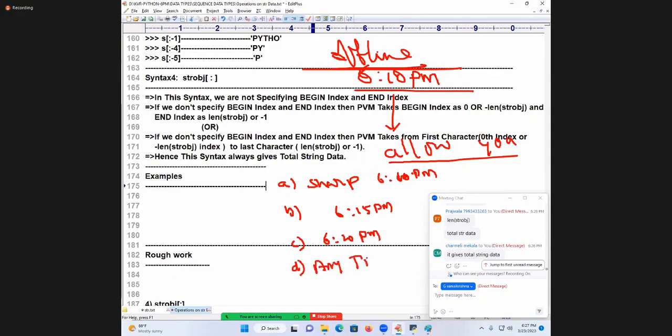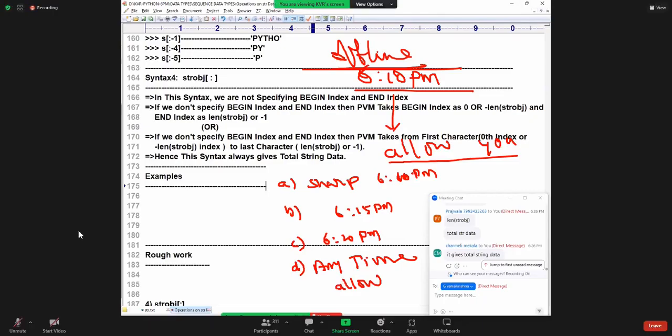Because the latecomers, if they come now and I allow that person, he doesn't know syntax 3 and then syntax 4. If that question comes in an interview, he will think that sir did not explain. It's a remark for me. Generally, even if I were there, I would say the same. Here it's your choice.